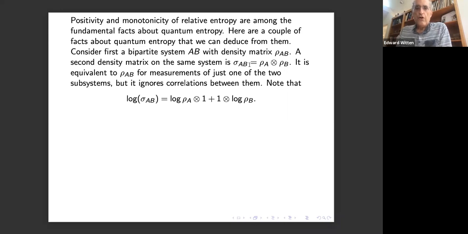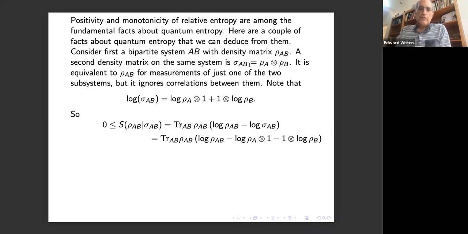Now, the logarithm of sigma AB is again a sum of two logarithms. First, the relative entropy between rho AB and sigma AB is non-negative. Following the definition, we can write it like so. And since the logarithm of sigma AB is a sum of two logarithms, we get a formula like this one.